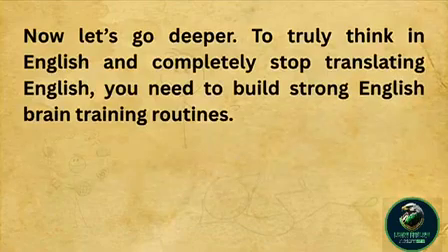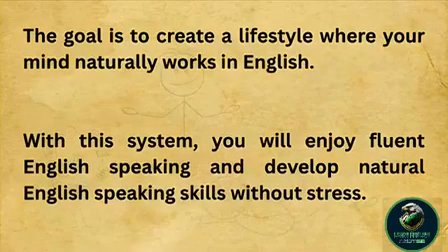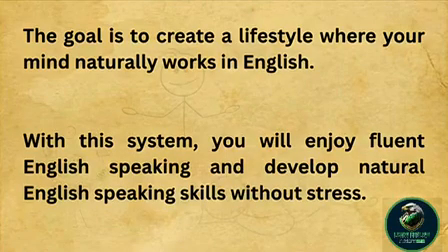To truly think in English and completely stop translating English, you need to build strong English brain training routines. The goal is to create a lifestyle where your mind naturally works in English. With this system, you will enjoy fluent English speaking and develop natural English speaking skills without stress.